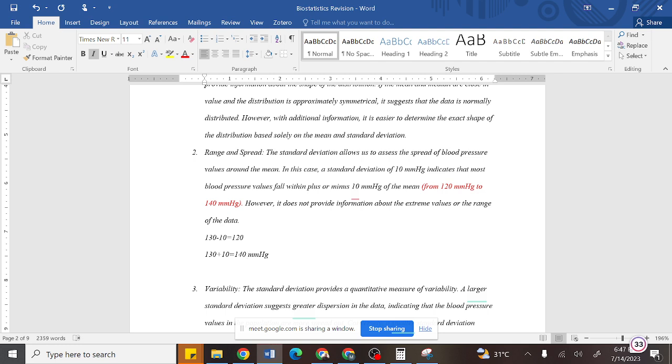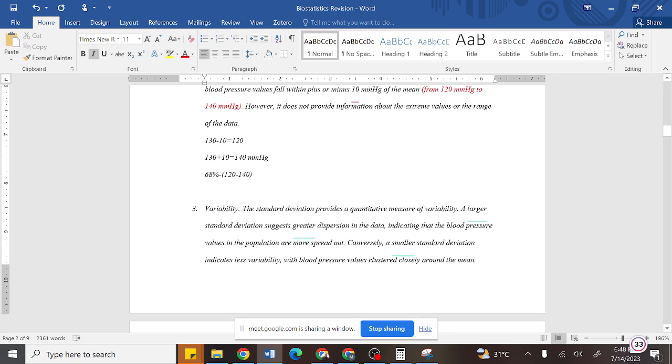So 68% of the total population will have values in that range. Most of them, 68%, will have systolic blood pressure ranging from that to that. That's the meaning of that standard deviation.